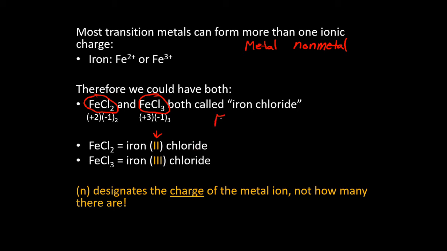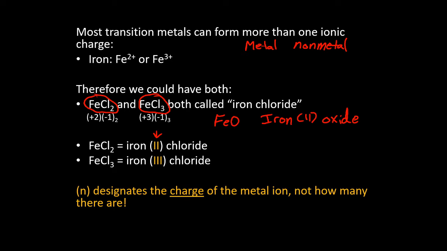Because something like this, for example, is a molecule that exists. This would be iron(II) oxide. And obviously we don't have 2 oxides there. The oxygen would have a charge of -2 because this is iron(II). The charges balance out. You just need one of each.